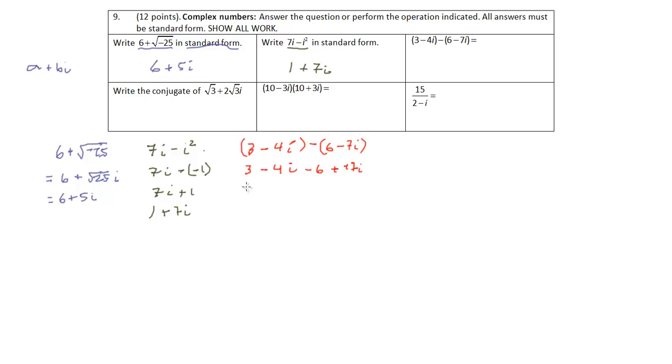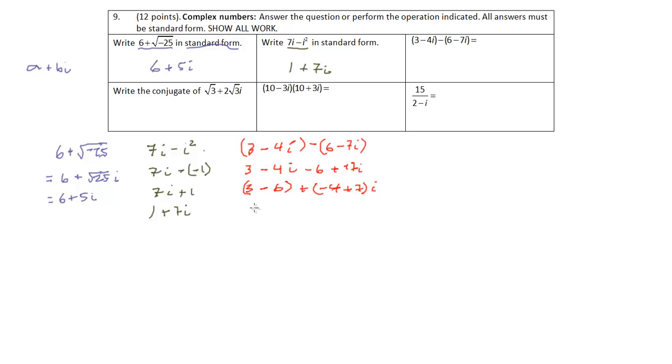So we have 3 minus 6, that's the real part, and then plus -4 plus 7. Excuse my difficulty with this tablet.